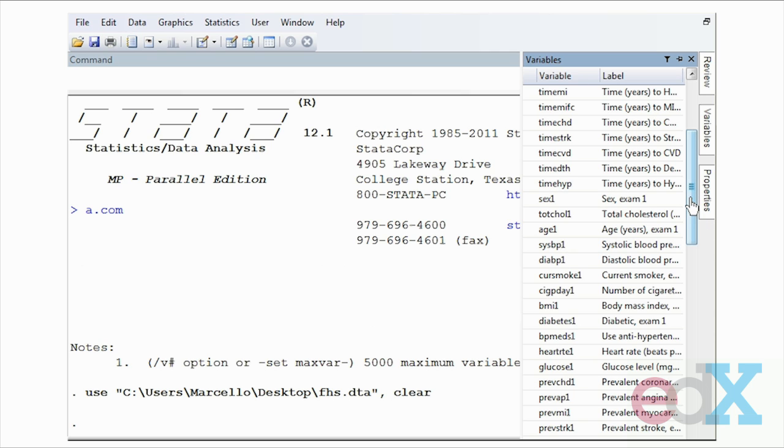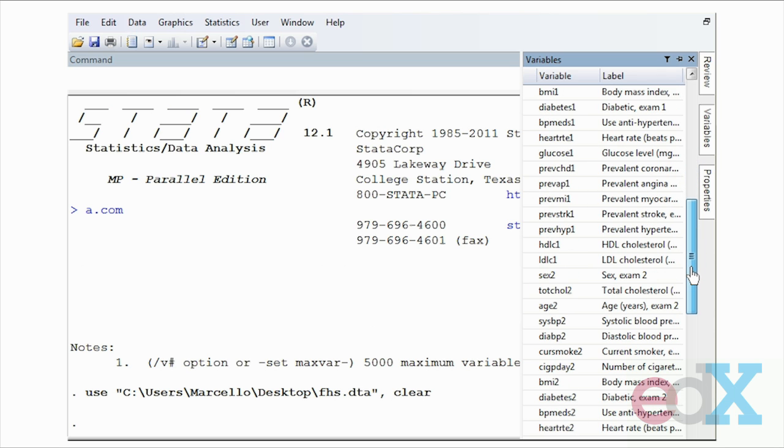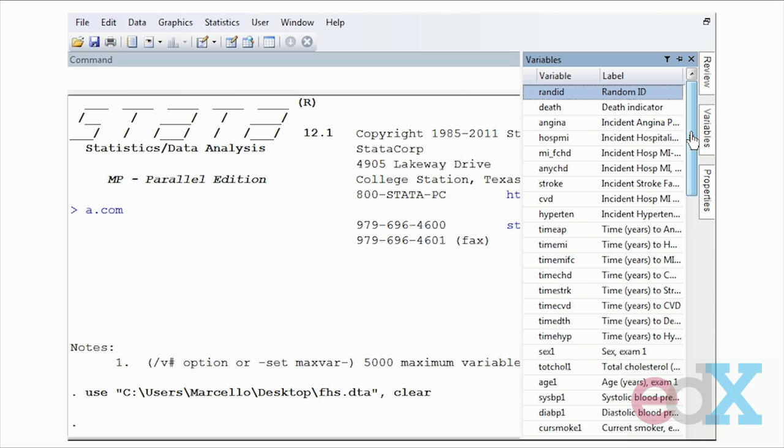Well, there's also systolic blood pressure 2. So we might want to know whether there's a difference in systolic blood pressure at time 1, at visit 1, and systolic blood pressure at visit 2. Or total cholesterol, there it is, cholesterol at time 1, cholesterol at time 2. Those are the kinds of issues that would lend themselves to doing a dependent test.